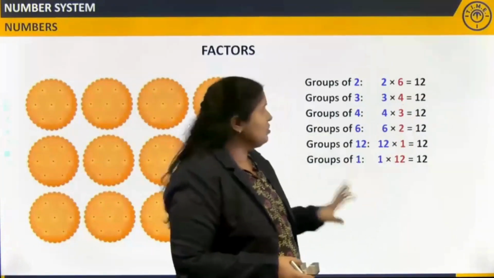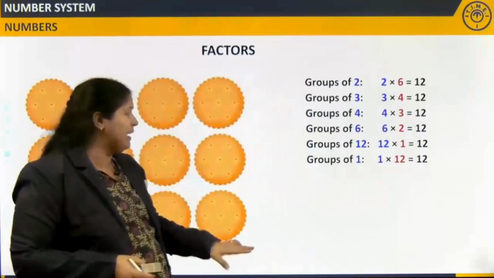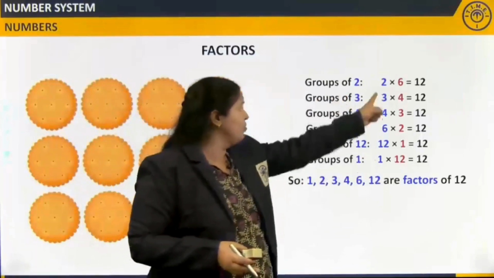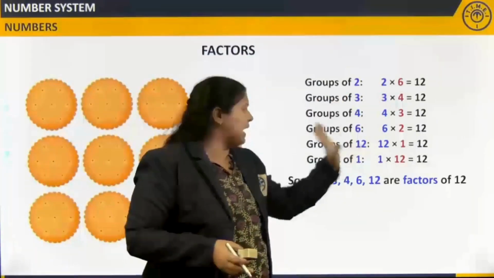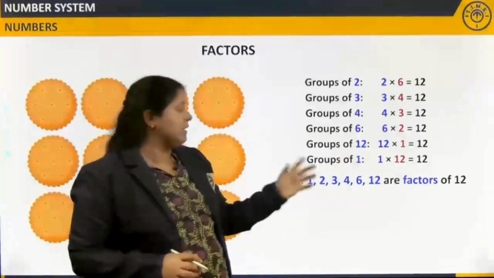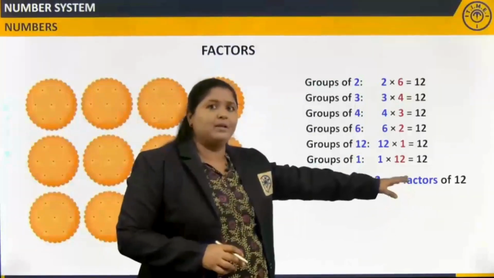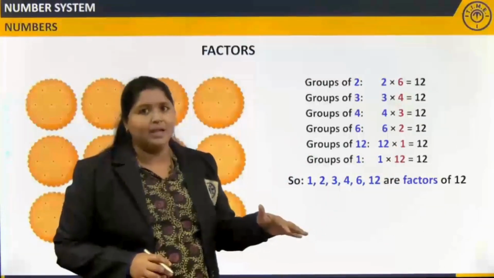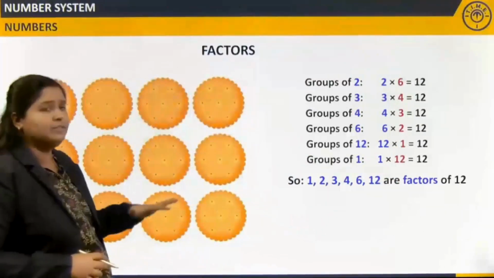You understood? So what are the factors of 12 then? The factors of 12 are 1, 2, 3, 4, 6 and 12. And also remember, the factor will never exceed the given number. Like you cannot find a factor of 12 which is greater than 12. Okay. So I hope the concept of factors is clear.